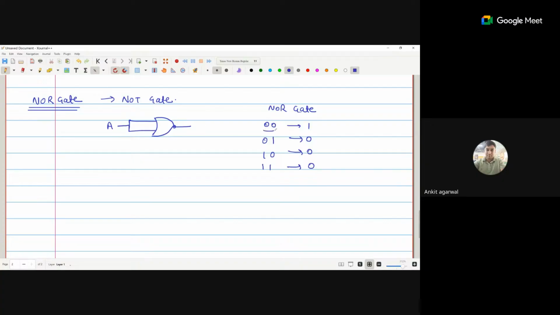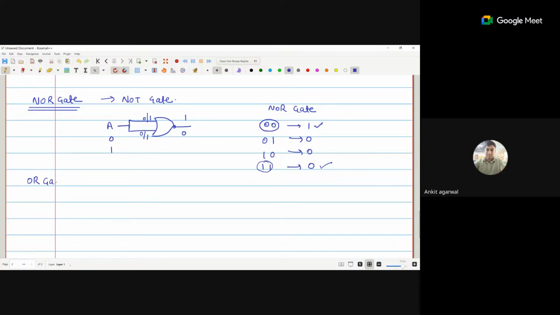So if I short both inputs and apply 0, 0 0 becomes 1, and if I apply 1, 1 1 becomes 0. So that is a NOT gate.